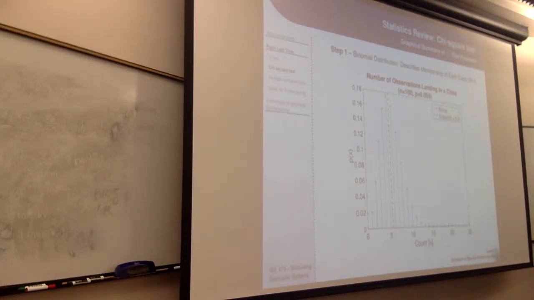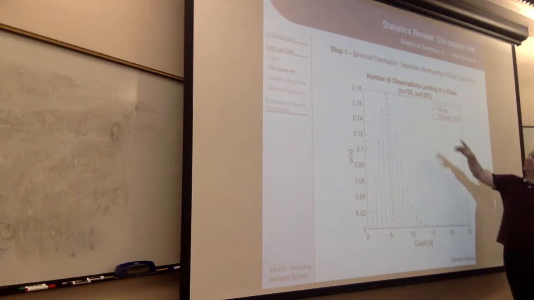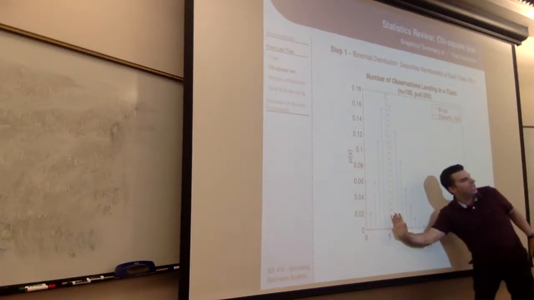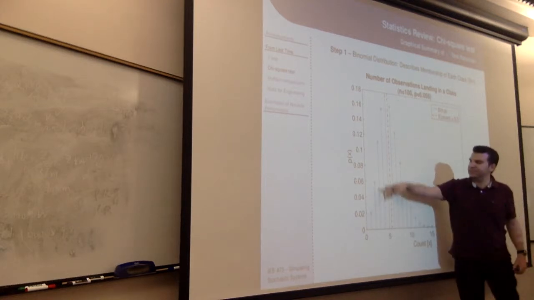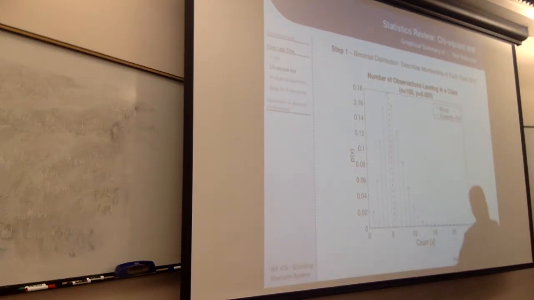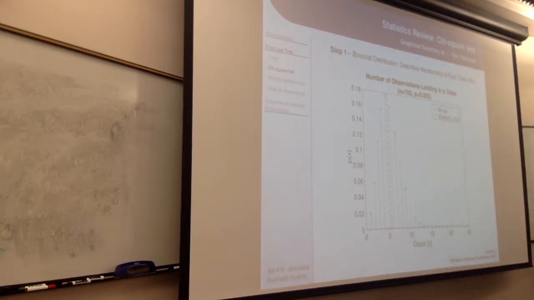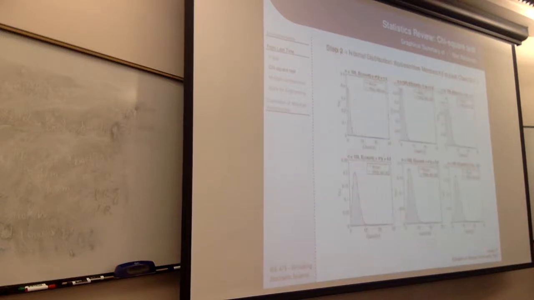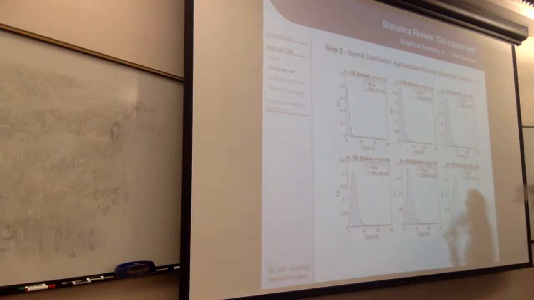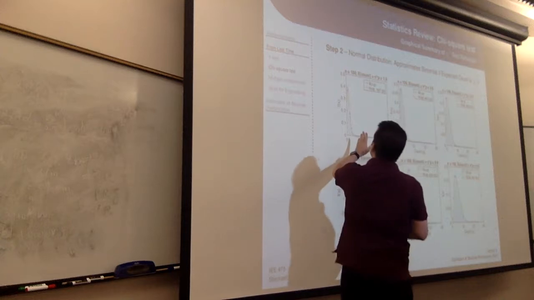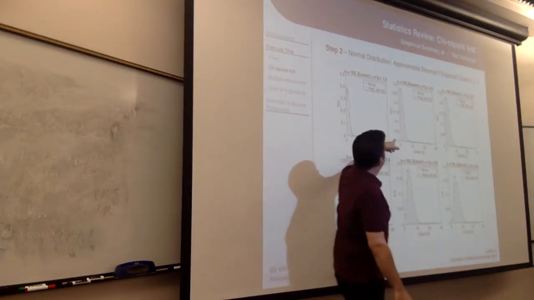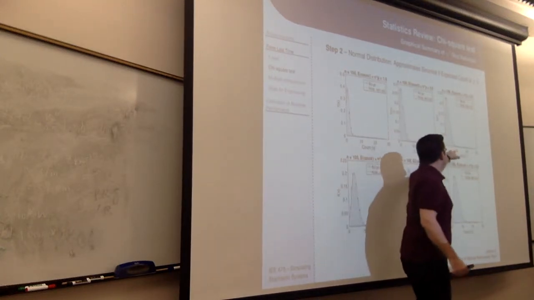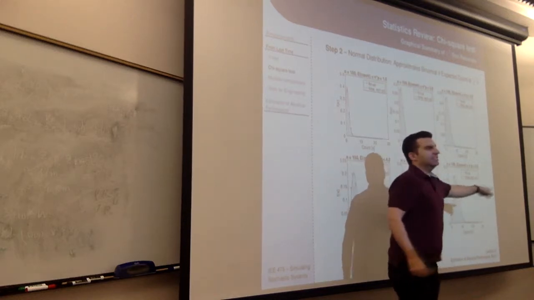Now, the revelation here was that when you look at this, as this expected value gets larger, it starts getting more bell-shaped. Even though it's a discrete distribution, it starts looking more normally distributed. So here I've got the expected value is 1, 2, 3, 4, 5, and 6.